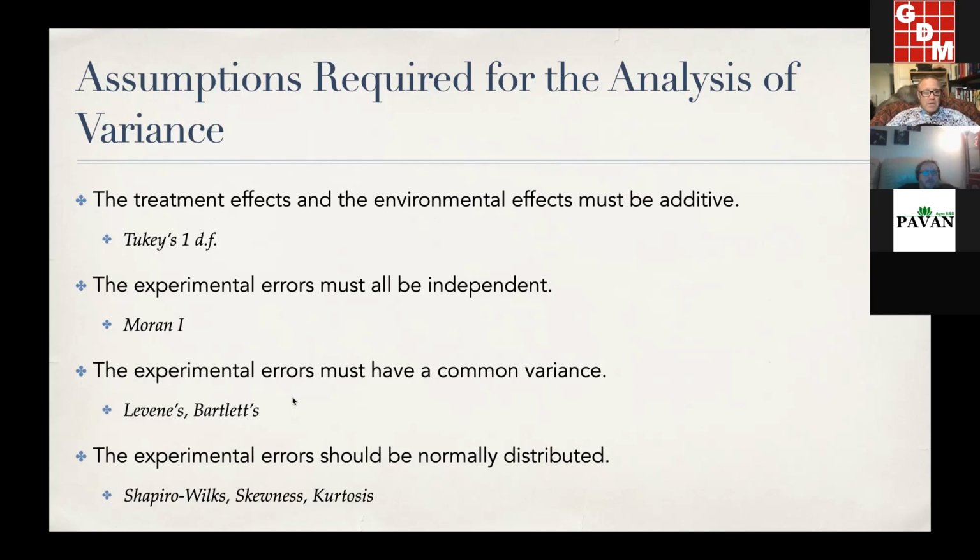More commonly, you will probably be more familiar with the Levene's test for homogeneity or heterogeneity of variance, depending on how you want to phrase it, and then tests for skewness and kurtosis that the errors are normally distributed.